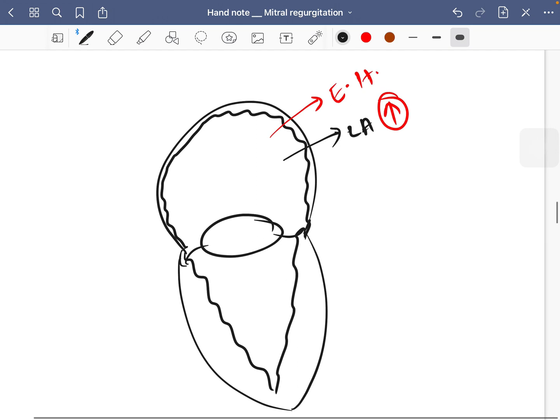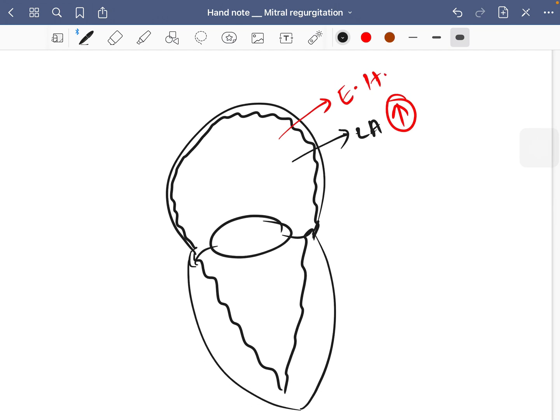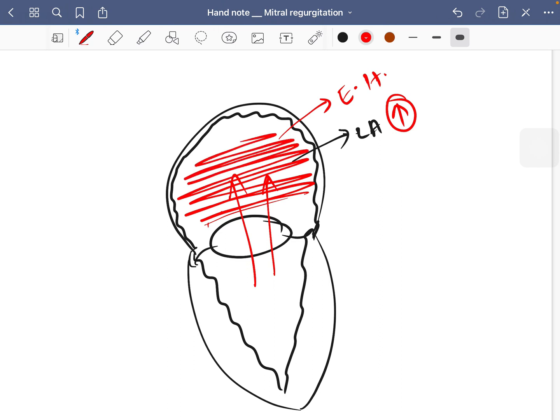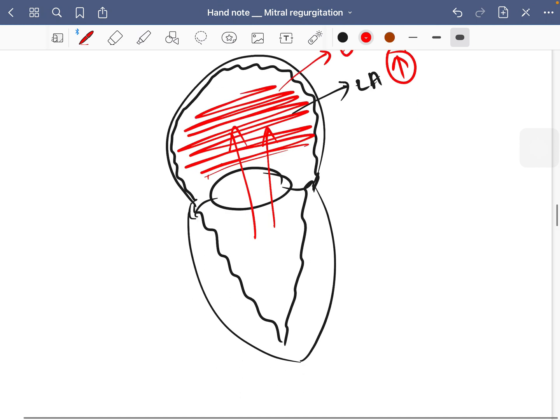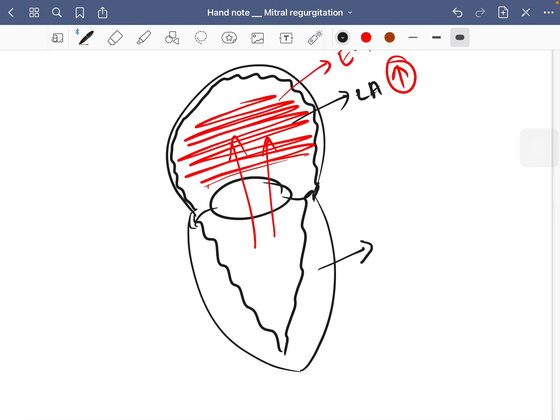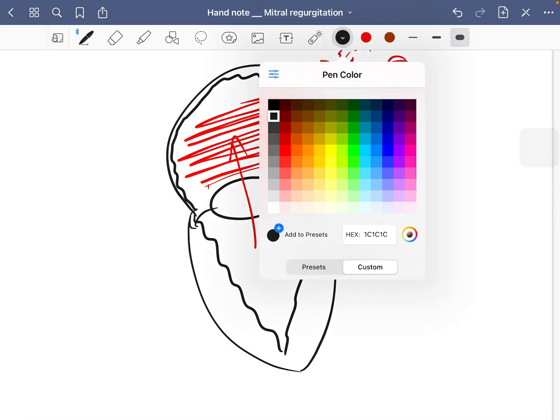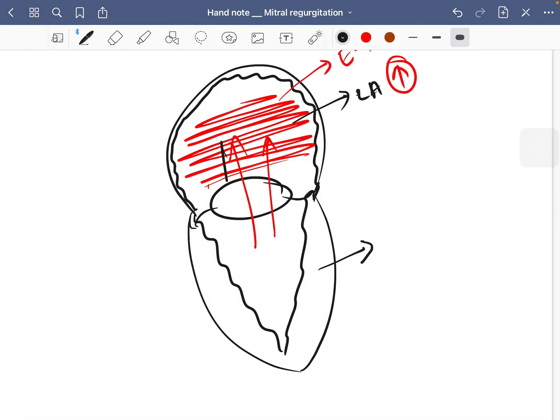Now one thing you should consider: suppose the left ventricle is contracting and some amount of blood goes backwards, and this extra blood is accommodated here. But in the next cardiac cycle, when the left ventricle undergoes diastole, that means when the left ventricle is dilated, what will happen? This backward blood again enters the left ventricle.